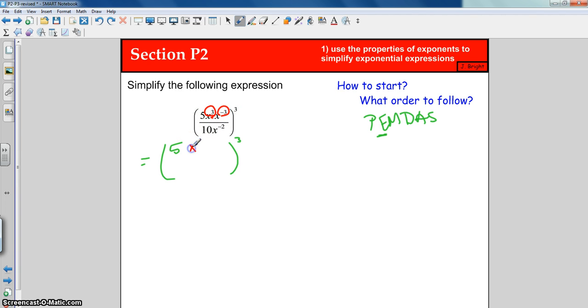So it's going to be an x to the 0, and then the rest stays the same as well, over 10x to the minus 2. Okay, now another simplification you can make is remember the zero exponent rule. So this is actually, if you want to write it as 1, you could. Okay, so that's all the same.